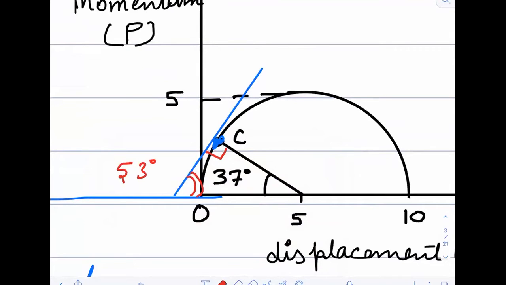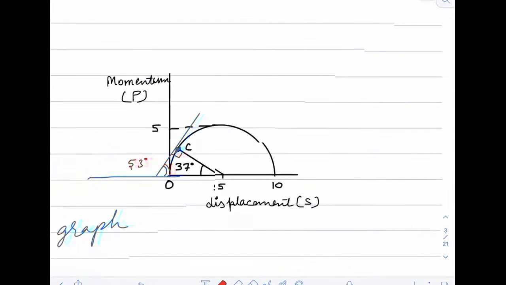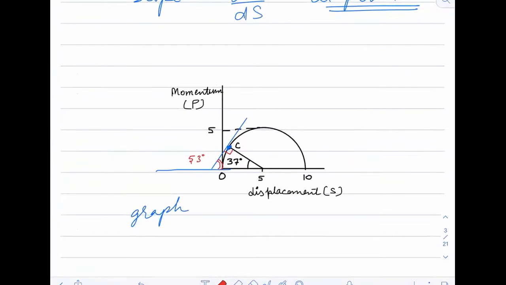So with the positive x-axis, I'm having a 53-degree angle.